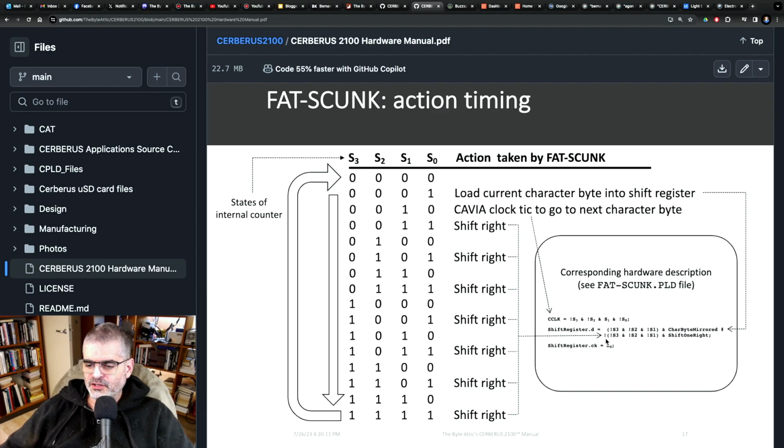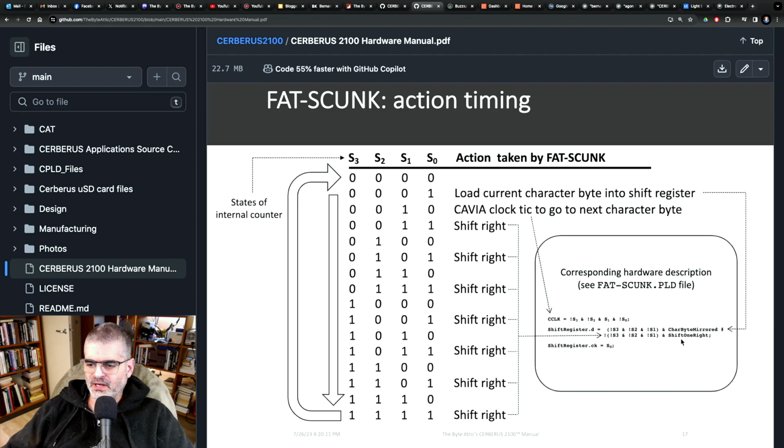Now, this inversion here is the parenthetical condition that we saw before. And as we saw before, this condition holds only here. So if I negate this condition, then in all other cases, this will hold. In other words, on the top line here, the load only happens at this point.